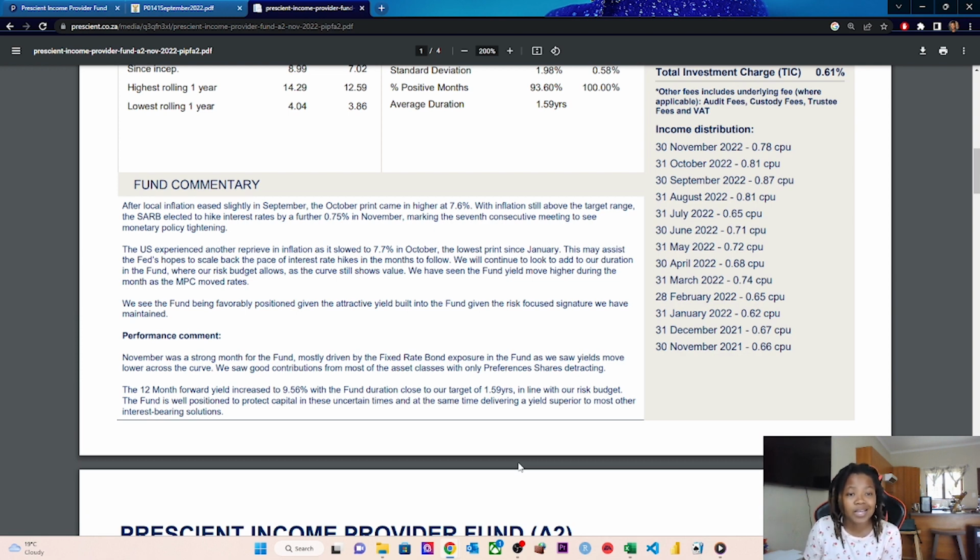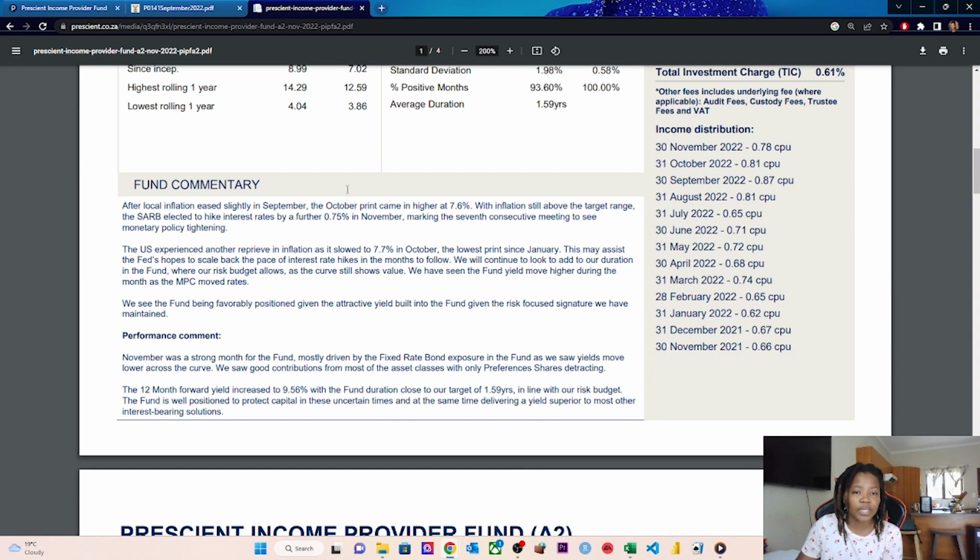The US experienced another reprieve in inflation as it slowed to 7.7 in October, the lowest print since January. This may assist in the Fed's hopes to scale back the pace of interest rate hikes in the months to follow. We'll continue to look to add to our duration in the fund where our risk budget allows, as the curve still shows value. We have seen the fund yield move higher during the month as the MPC moved rates.